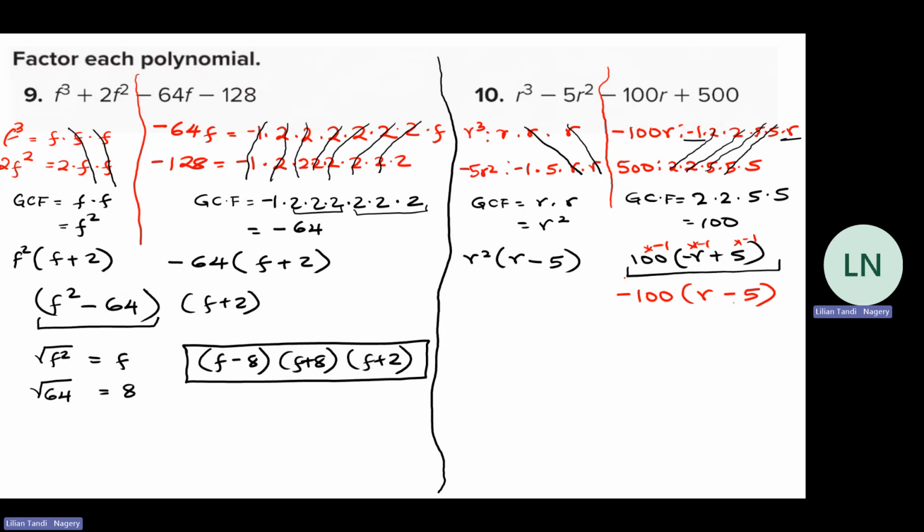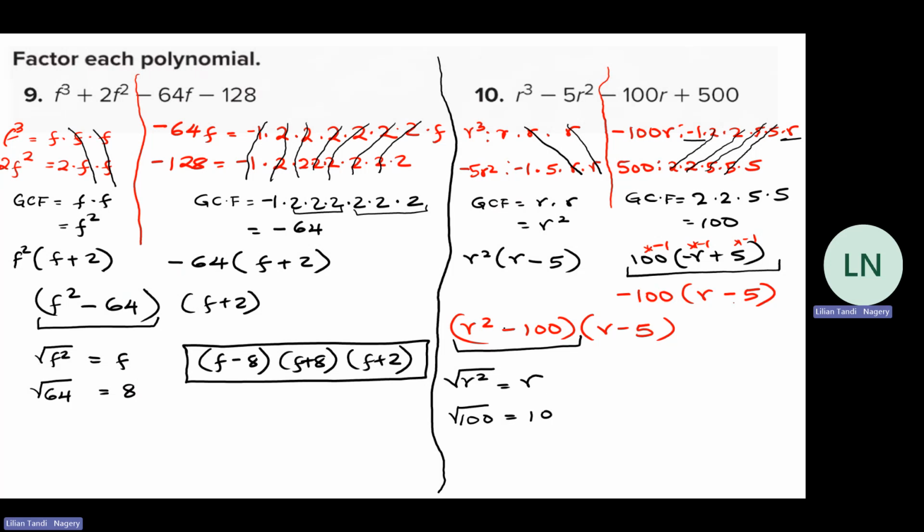Now the insides are the same, so now I can write r squared minus 100 and r minus 5. So then what do we do? I know that these are perfect squares, so I need to find their roots. So the square root of r squared and the square root of 100 is r, and here is 10.